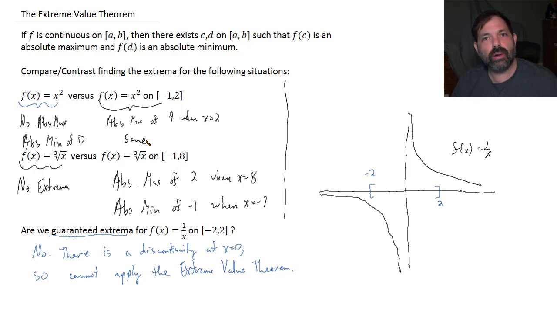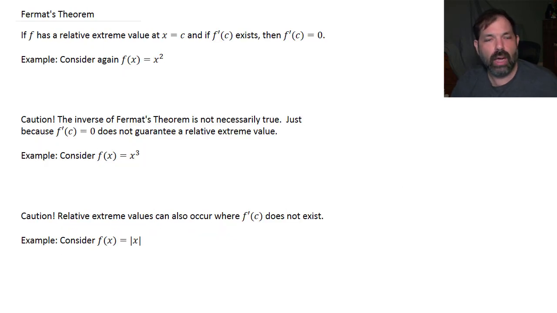And it turns out that there are only specific places where extrema can occur on the inside of a domain. And this is one of Fermat's theorems. So Fermat said that if f has a relative extreme value at x equals c, and if f prime of c exists, then f prime of c must equal 0.